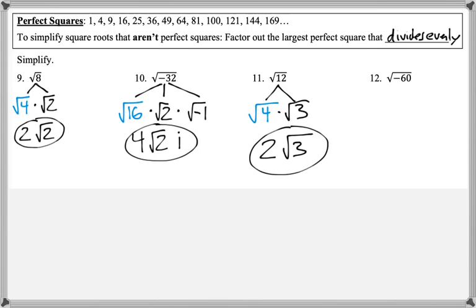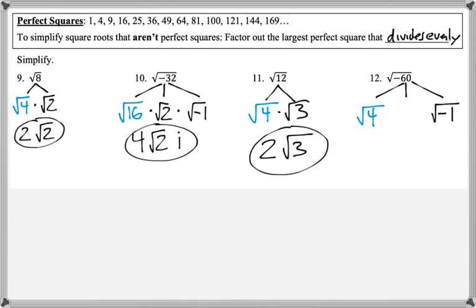Number 12 is the square root of negative 60. So I'm going to break this up into 3 radicals. The last radical is going to be the square root of negative 1, and that will take care of the negative sign. I want to find the largest perfect square that divides into 60, and that's actually going to be 4.